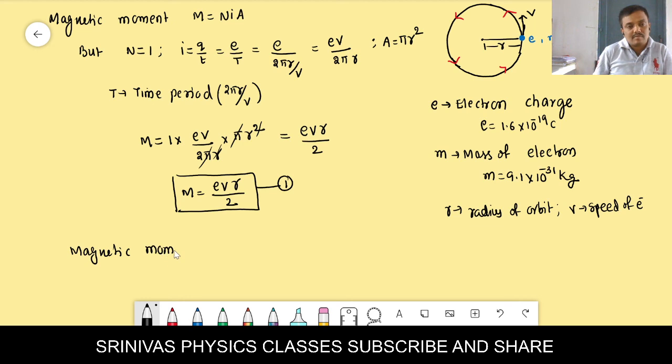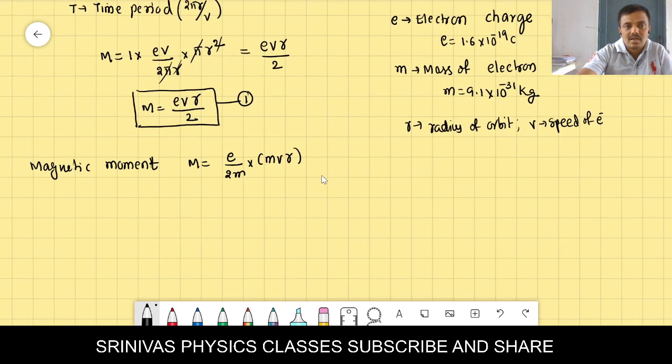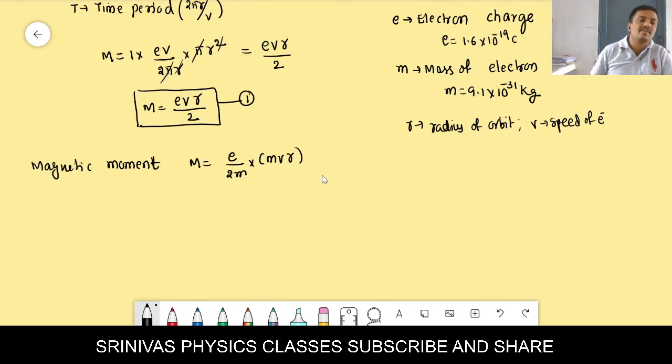For that purpose, magnetic moment M, I will multiply with m and divide with m, and write the above equation like this. The m's get cancelled, so again you will get evr by 2. What is mvr here? Mass of electron into speed of electron into radius of orbit. It is the angular momentum.